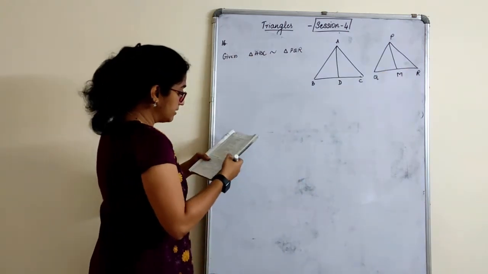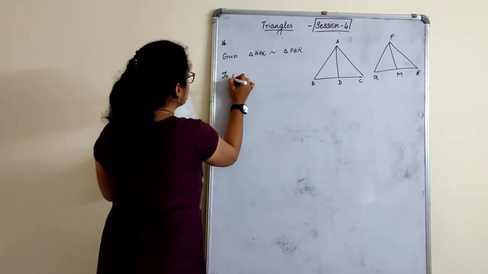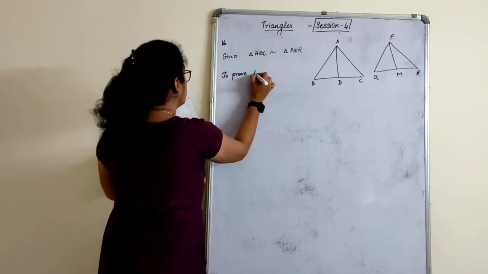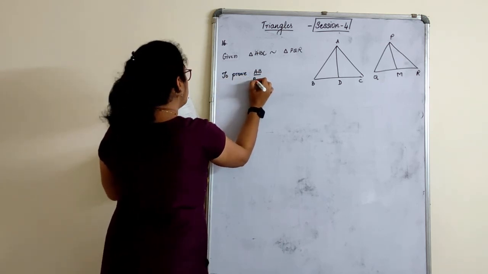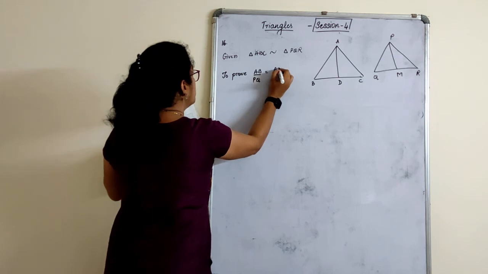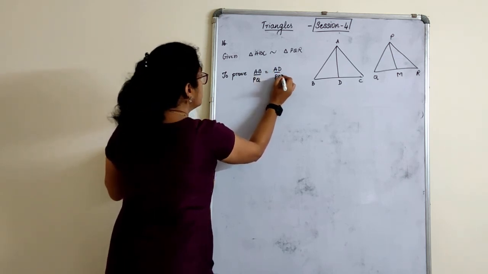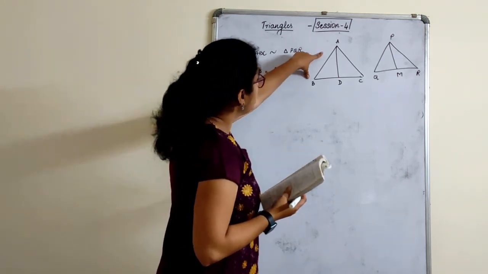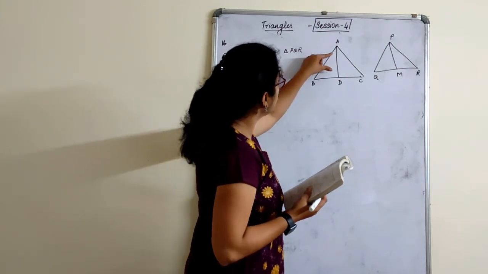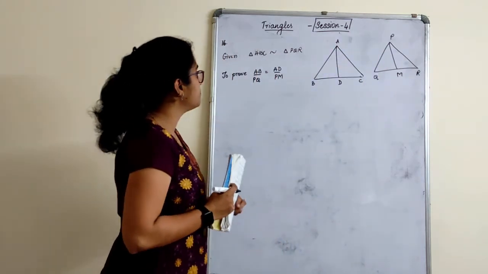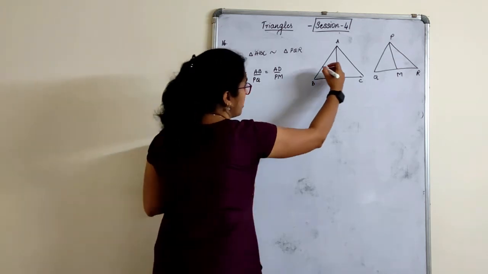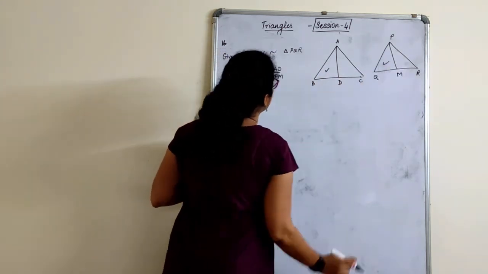We have to prove that AB upon PQ is equal to AD upon PM. That means I have to choose these triangles, children, for similarity.